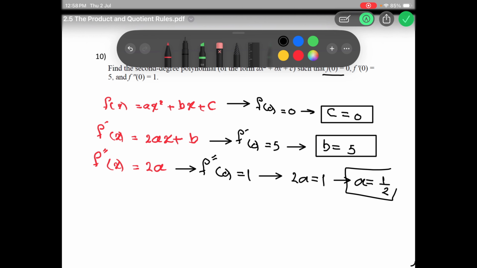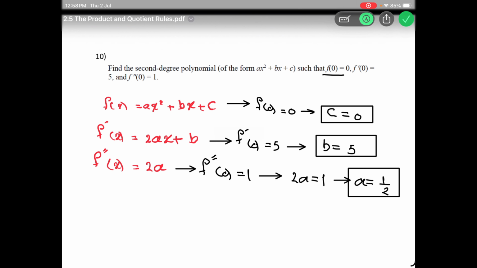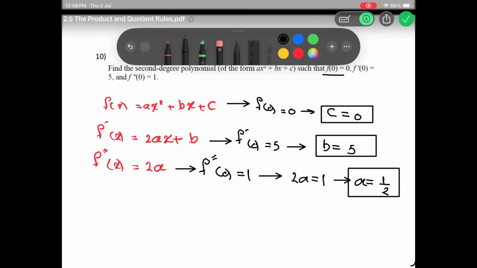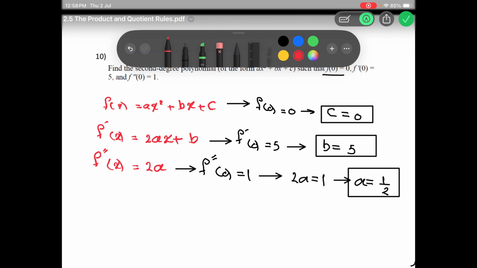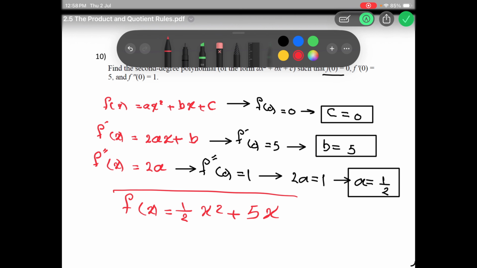So now we have a, b, and c. We can fill them in this function, so it will be simply like this: f of x equals 1 over 2 x squared plus 5x plus c. c is 0. That's it.